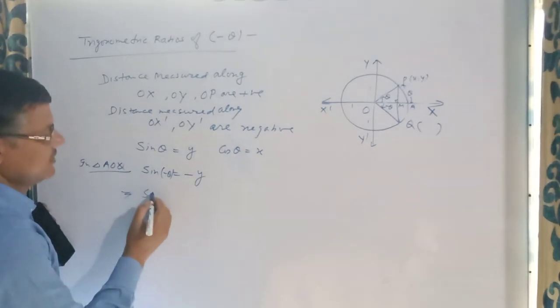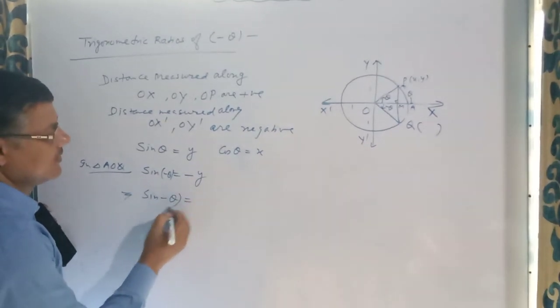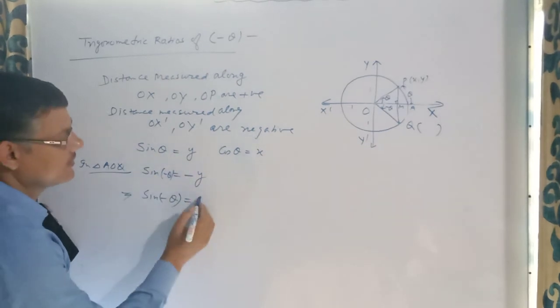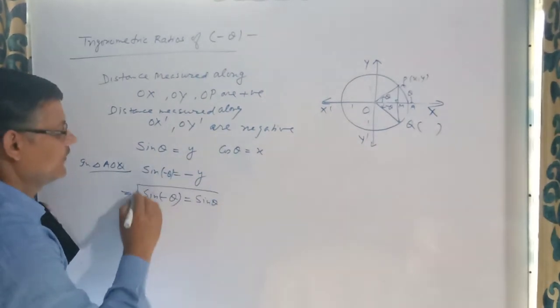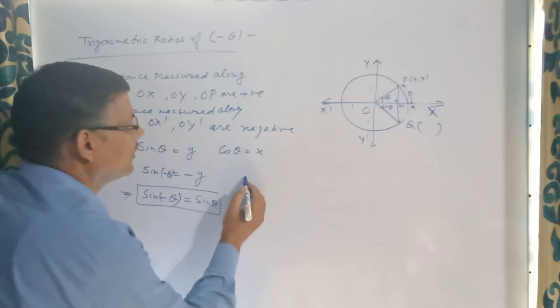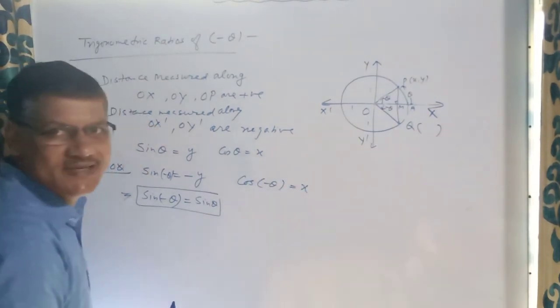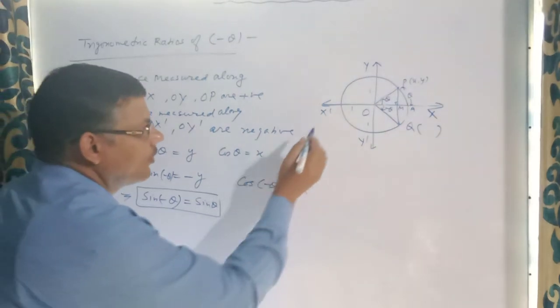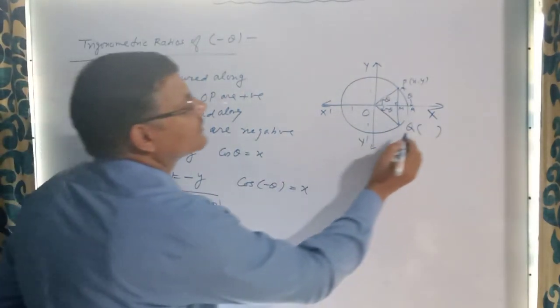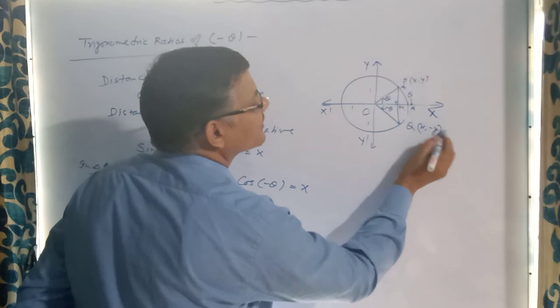It implies sine of minus theta is equal to minus sine theta, since y is sine theta. Again we get cos of minus theta equal to x. No change since it is along OX. So that is why its coordinates are x and minus y.